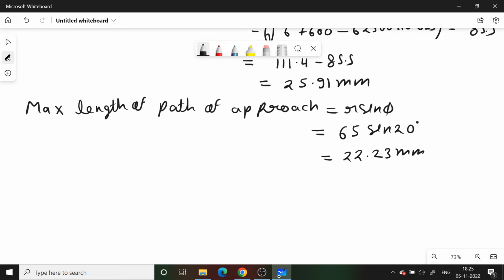As the actual length of path of approach is more than the maximum permissible length of path of approach, hence interference will occur.